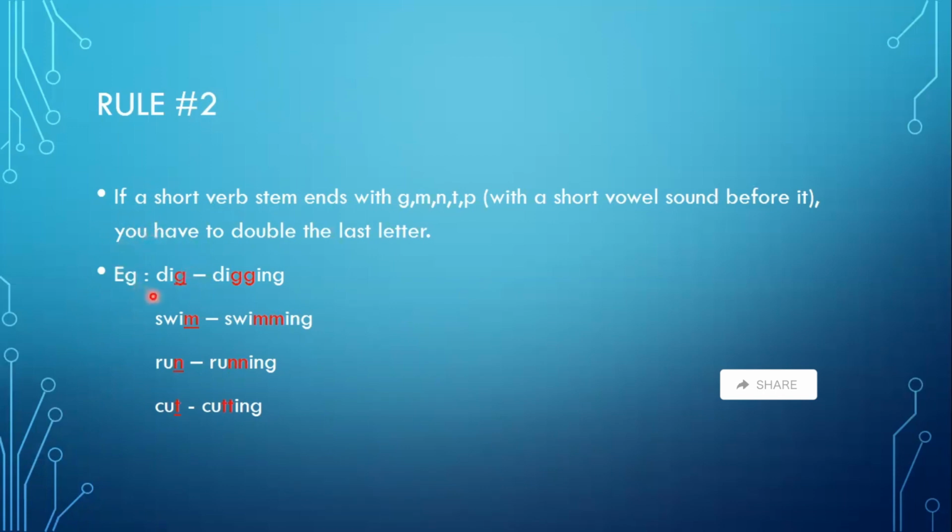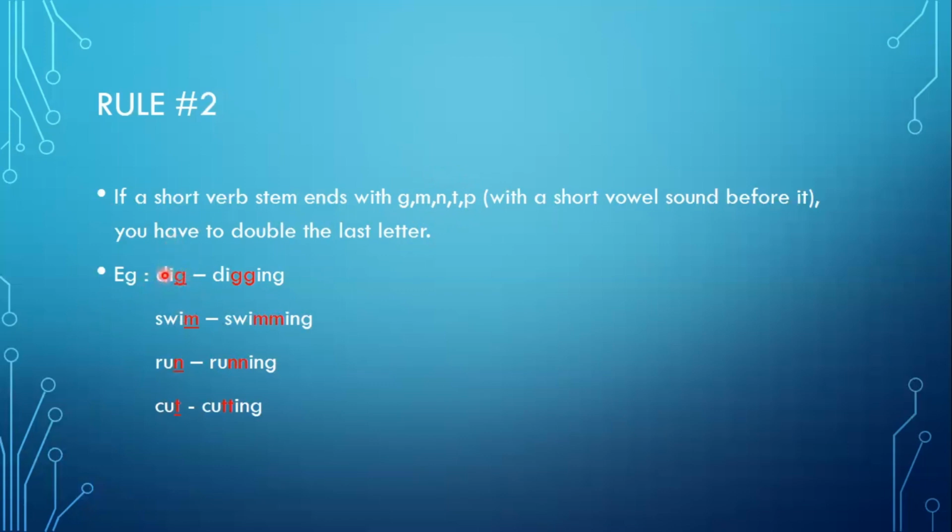It's a short verb stem and it ends with G. There are 5 letters. You have to check whether these short verb stems end with them. So they are G, M, N, T, P. So this word dig ends with G and it's a short verb stem.